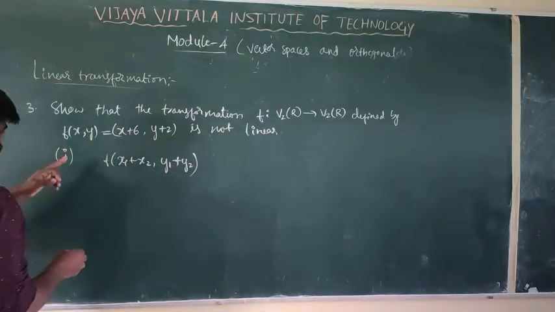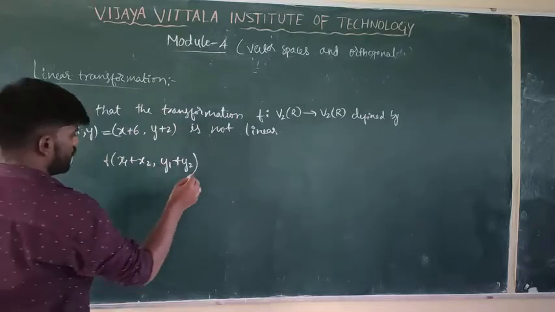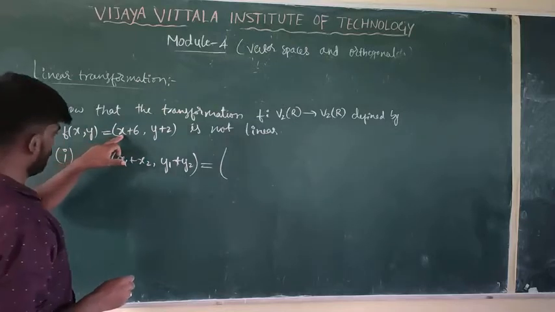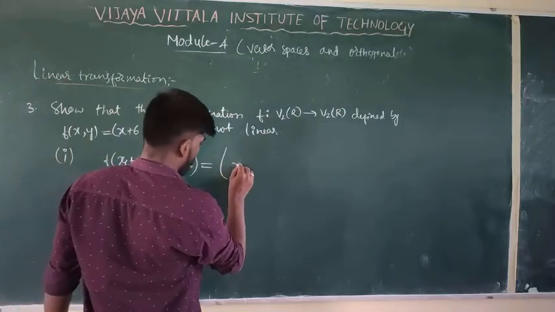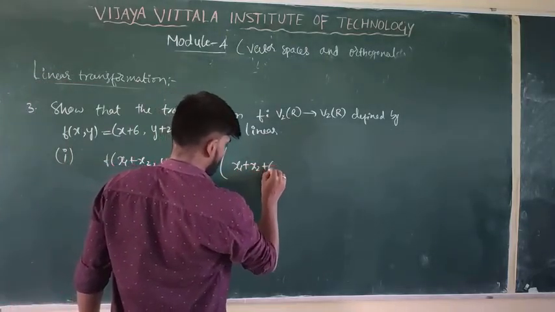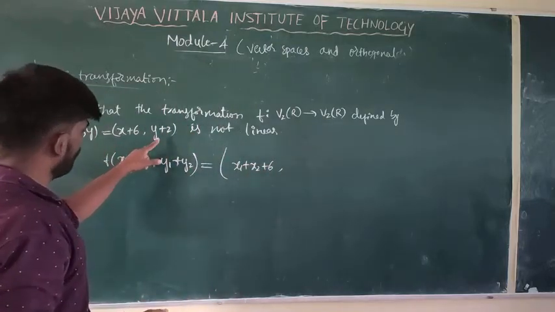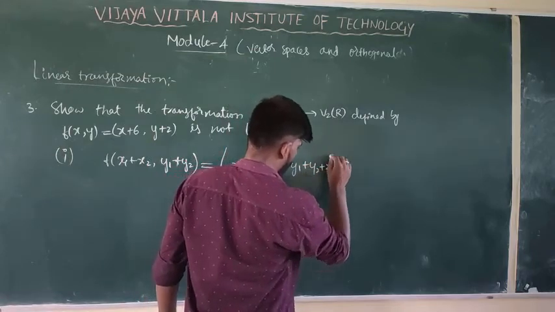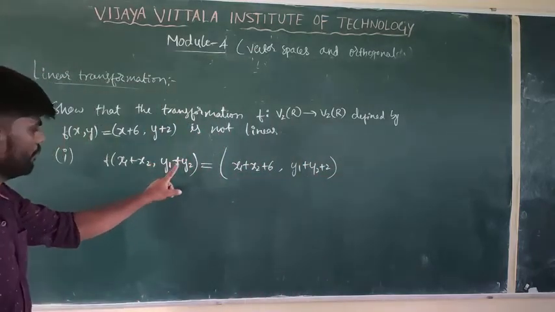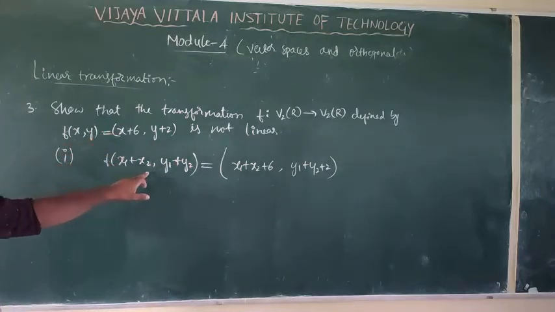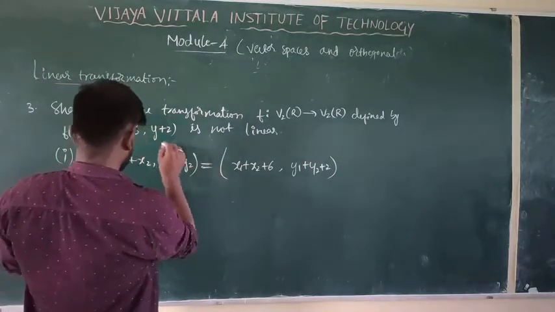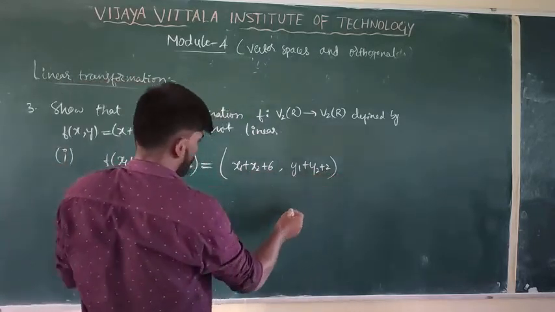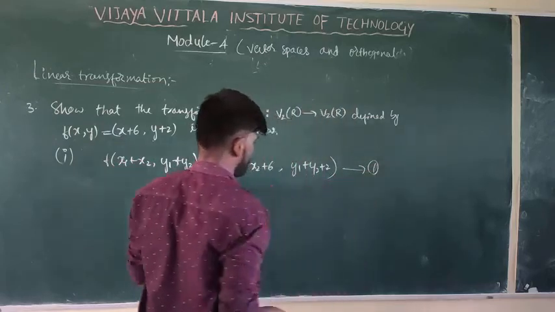Therefore, by using this function we get (x1 plus x2 plus 6, y1 plus y2 plus 2). We call this equation 1.